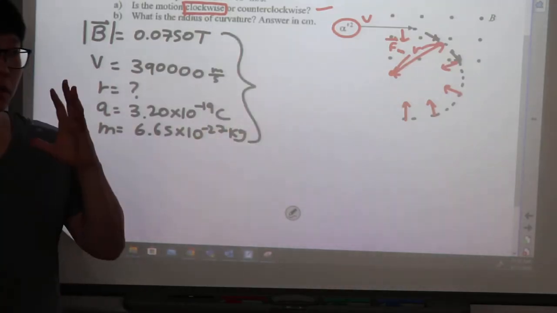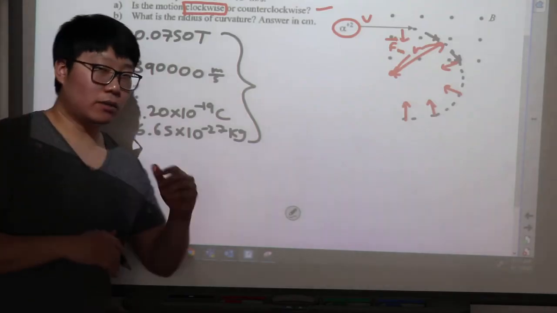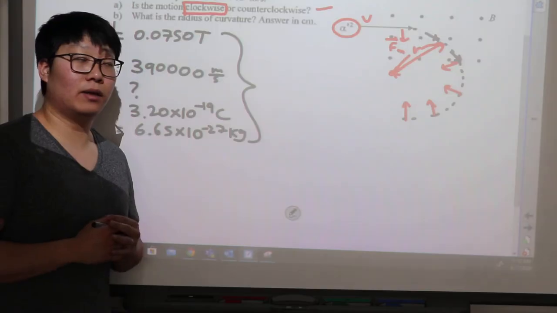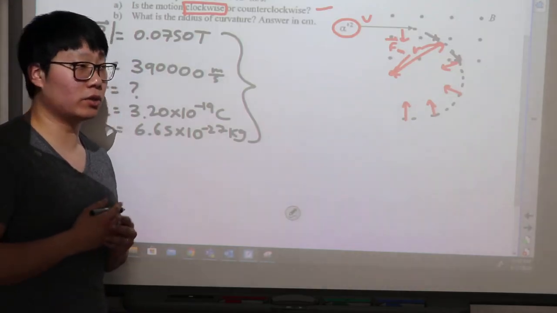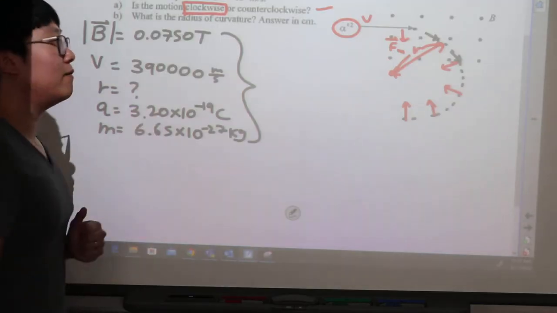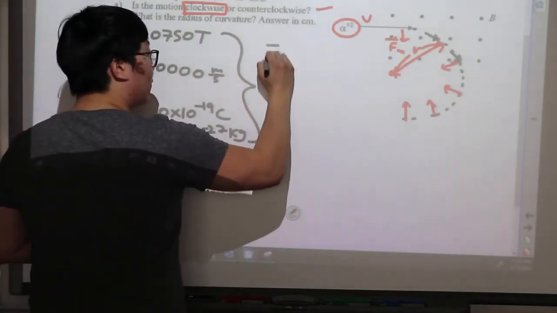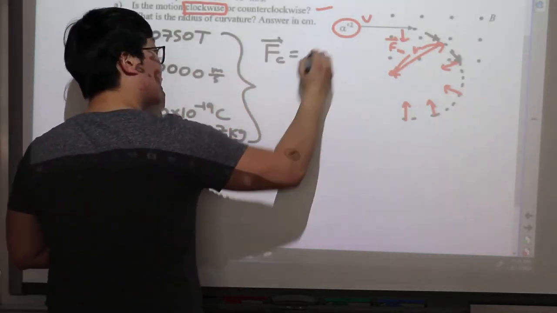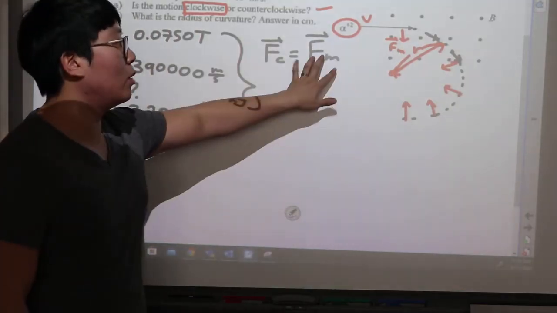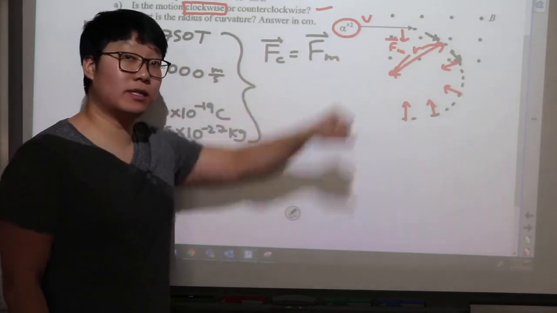I don't recommend you memorize the whole formula and derivation of it. I highly encourage you to derive it on the spot, and that involves some theory. My net force, which is centripetal force, is equal to my magnetic force, because that's the only force that exists in the system.